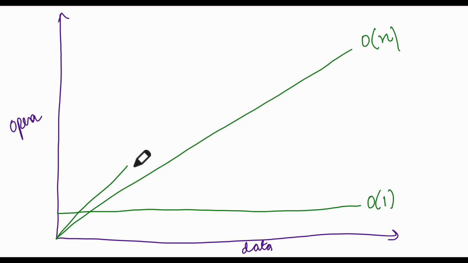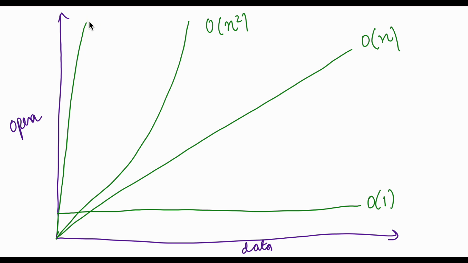There you will find polynomial, for example O(n^2) and cube, whatever things. This is the exponential time complexity, so this is 2 raised to the power n or 3 raised to the power n. You see that this is the best time complexity. As we move from here to here, things improve.